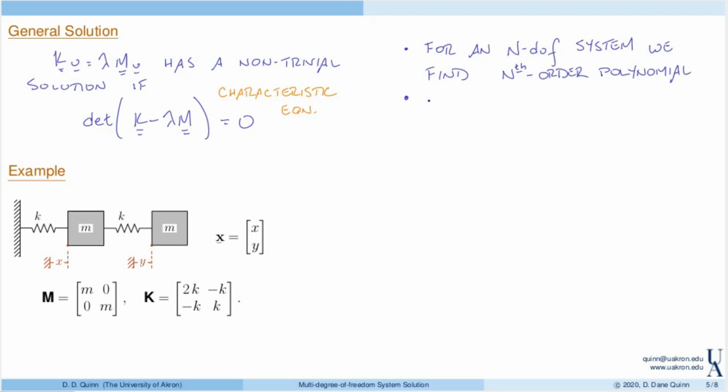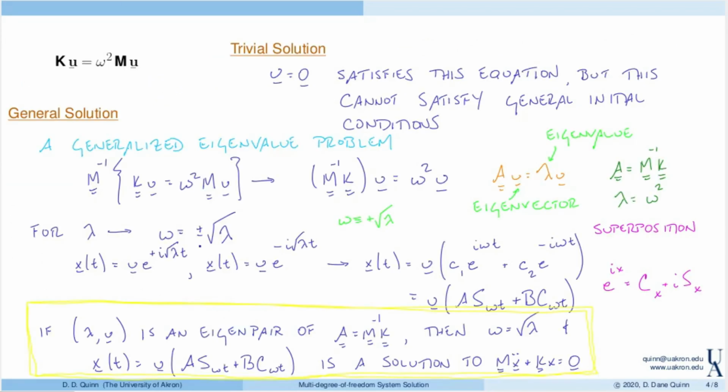Right? The other important fact is there are n solutions. So if we have a second order polynomial, then we have 2 distinct values of lambda. Now I will remind you that when we use lambda, we actually took the square root and we formed 2 additional values of omega.